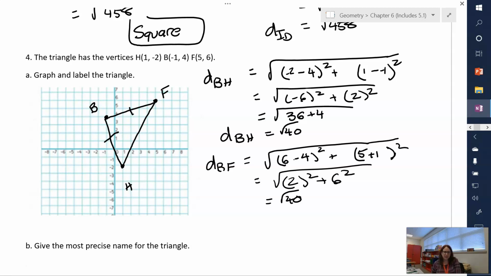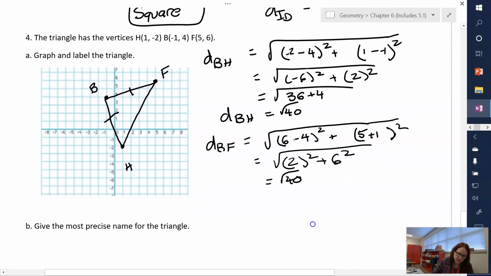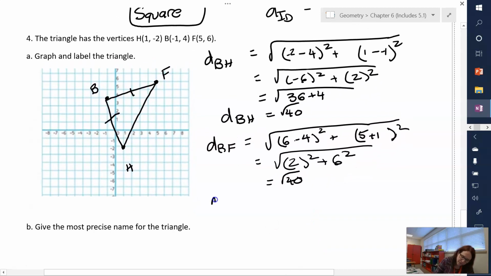Let's also take a look at slope. I want to see if we're perpendicular because maybe we have a right angle in there. Okay, so the slope of BF is 4 minus 6 over negative 1 minus 5. I get a negative 2 over negative 6, so I get a 1/3.